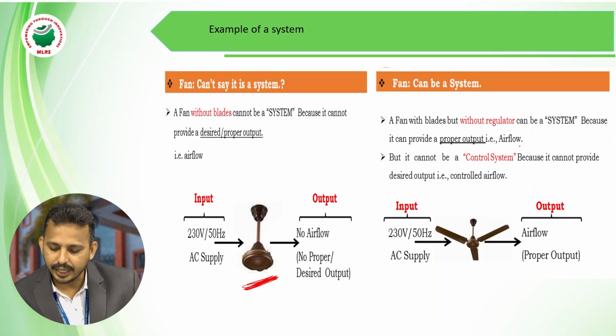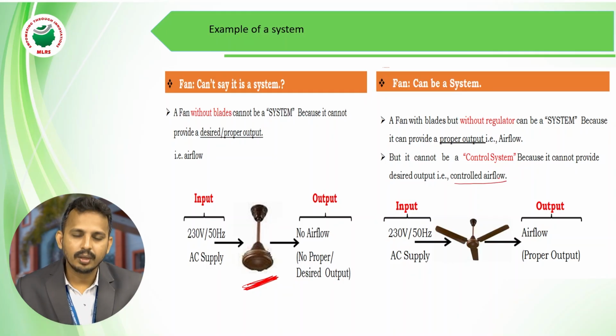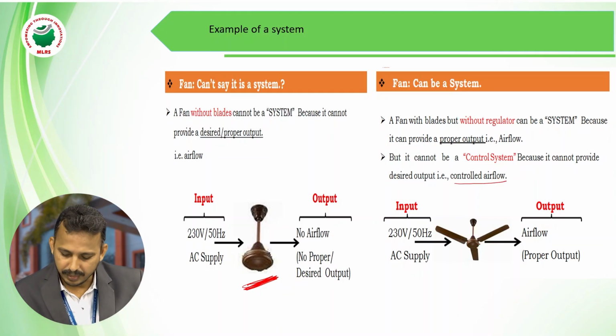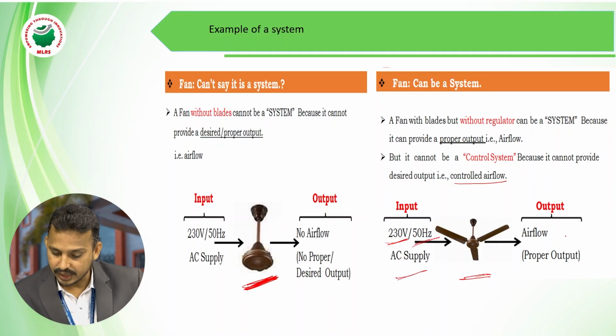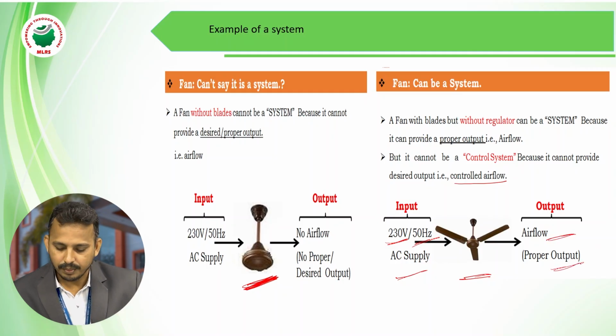for example, airflow. But it cannot be a control system because it cannot provide a desired output, that is controlled airflow. So I am considering this fan, whose input is a 230 volts, 50 Hz AC supply, and I expect the output of the system to be airflow.